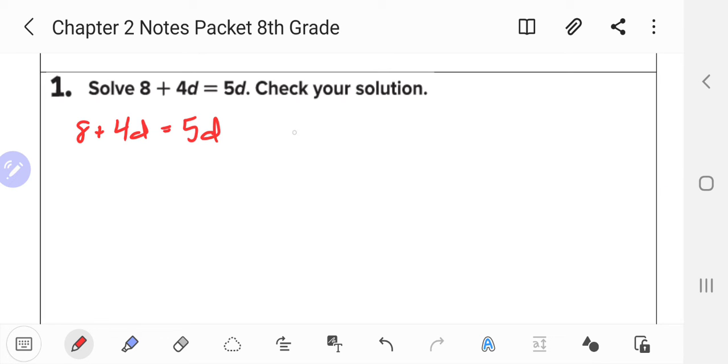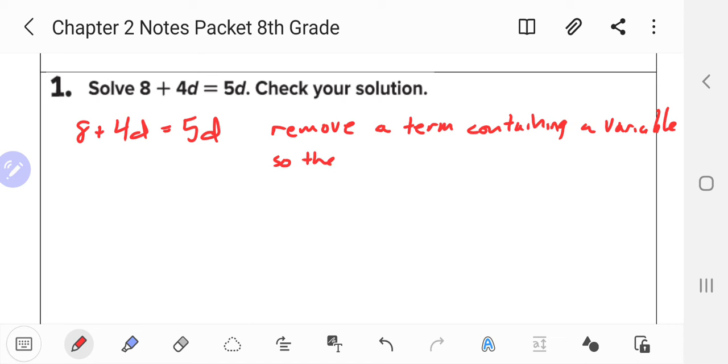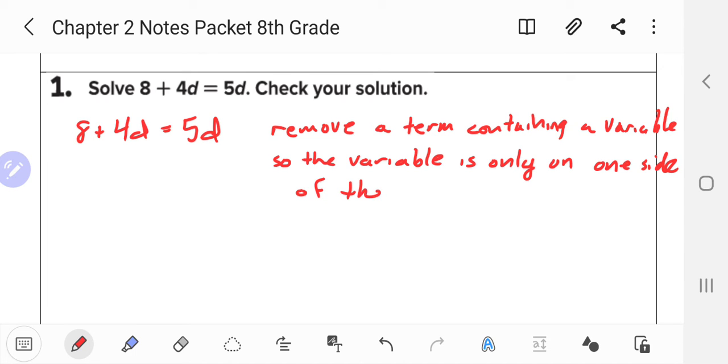And first things first is to remove a term containing a variable, so the variable is only on one side of the equation.